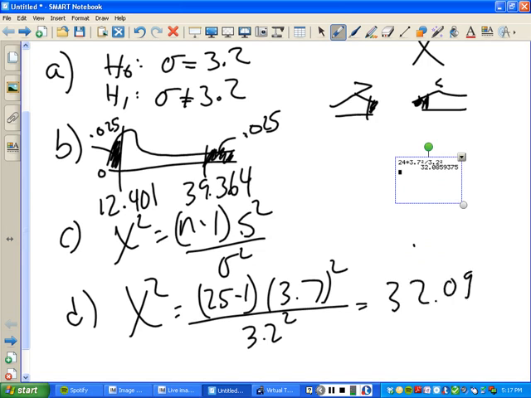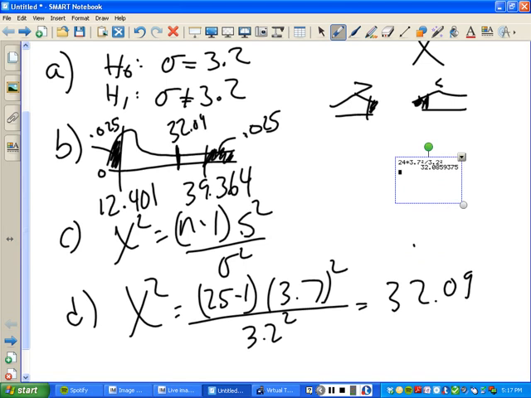Now, where's 32.09 in the graph? Zero's on the far left, right? So 32 is past 12, right? It's past 12. Not quite to 39, though. So 32 is somewhere in this area here. Do we agree? Is it in the shaded area or non-shaded area? Non-shaded area, right?